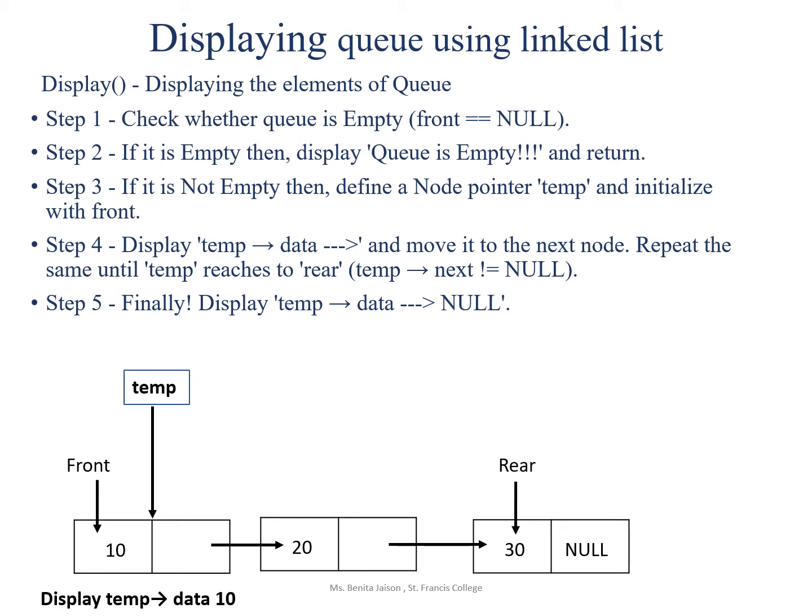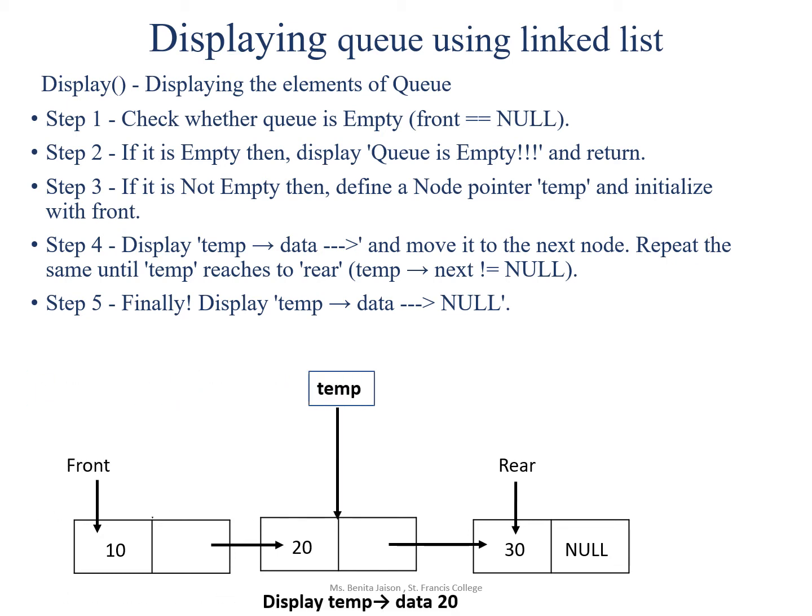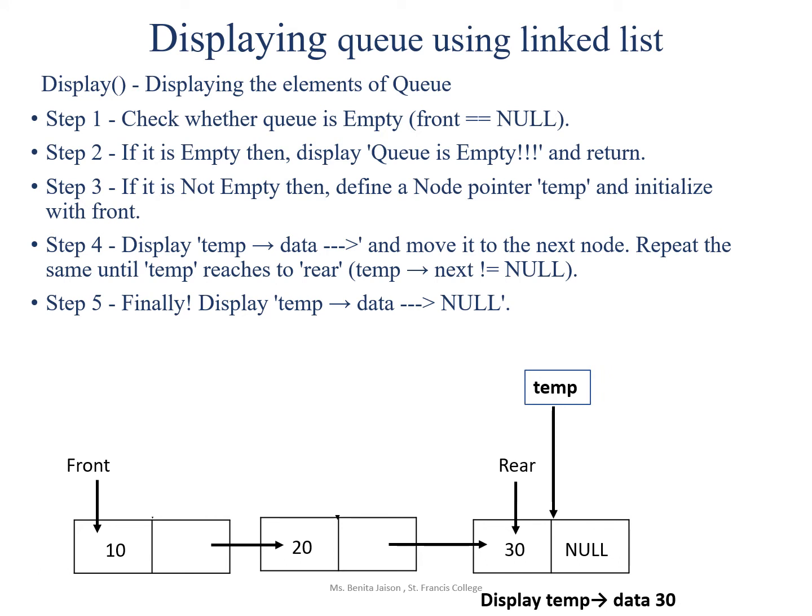Display the data at the current front node and then move the temp node to point to the next node using temp equal to temp next until temp next is not equal to None. Thus, all the values in the queue can be traversed and displayed using the display function.